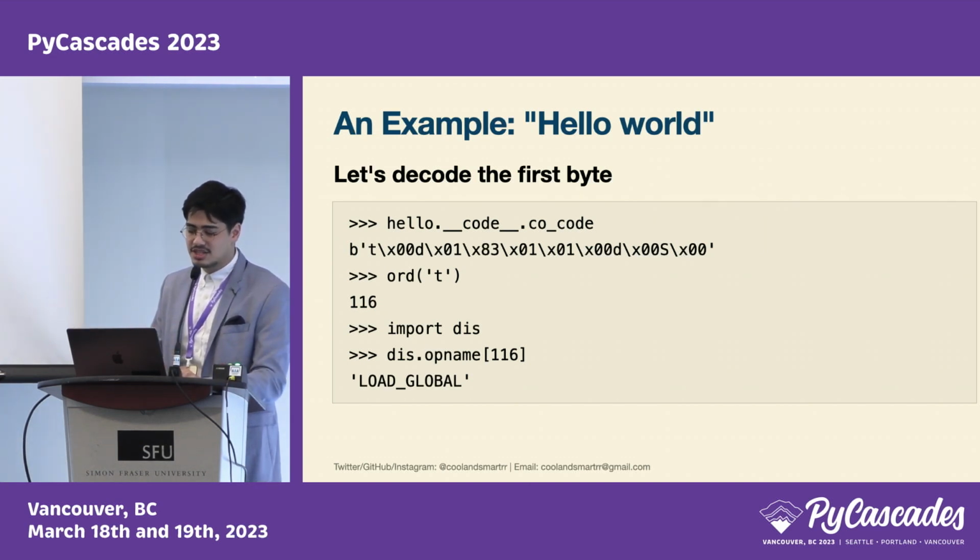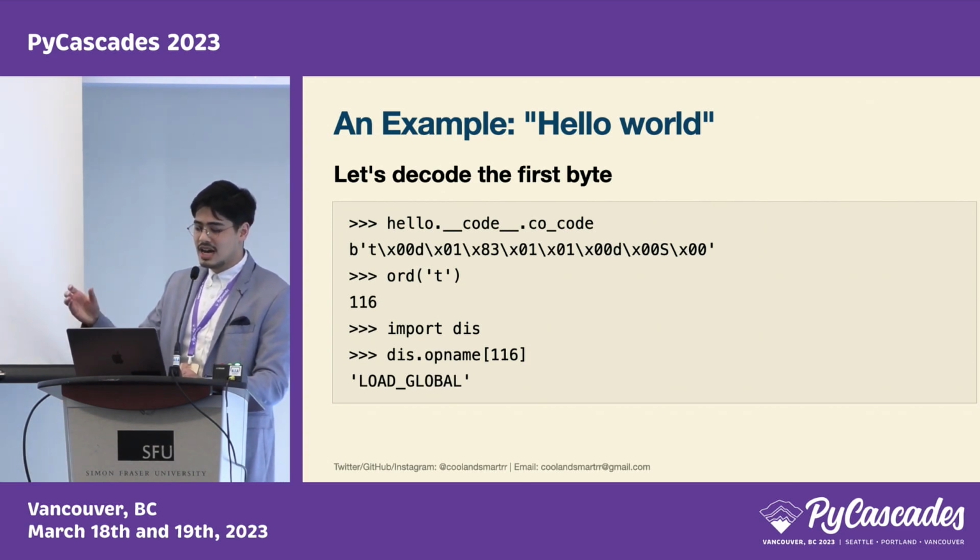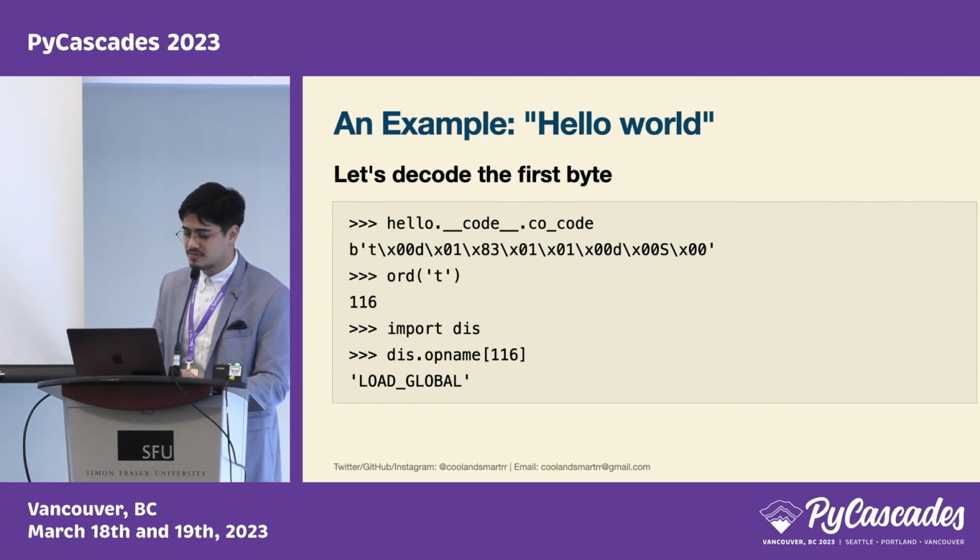In Python, there's this thing called ordinals that turns letters into numbers. And here you get 116. And what is 116? Well, if we look at dis.opname, we get LOAD_GLOBAL. So opname is basically a list of opcodes stored in the module, and LOAD_GLOBAL is one of them.